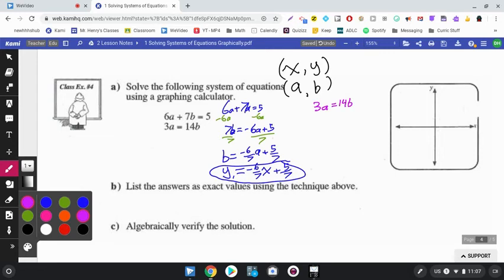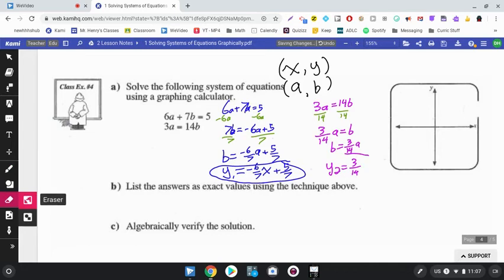I need to rearrange that to b equals to make sure it's the same as the other one, which would be divide by 14, divide by 14. 3/14 a equals b, or I could write that the other way: b equals 3/14 a. So y2 equals 3/14 x.